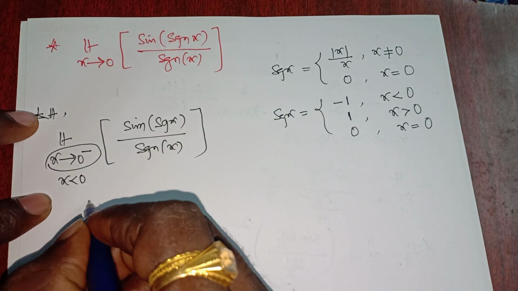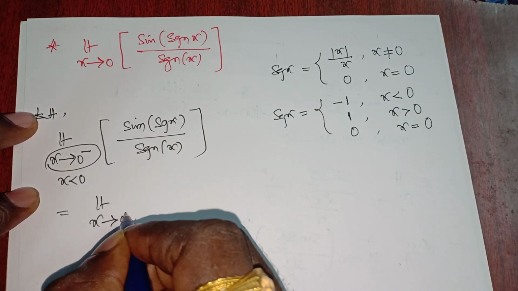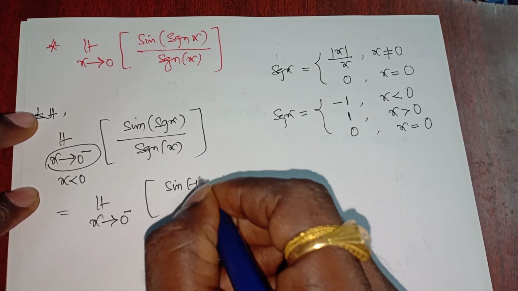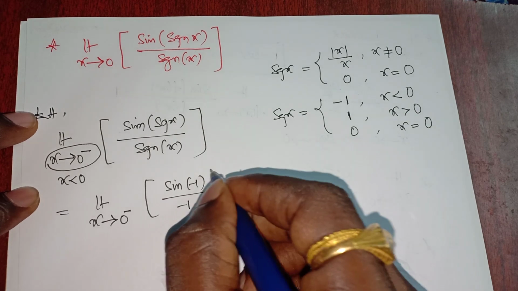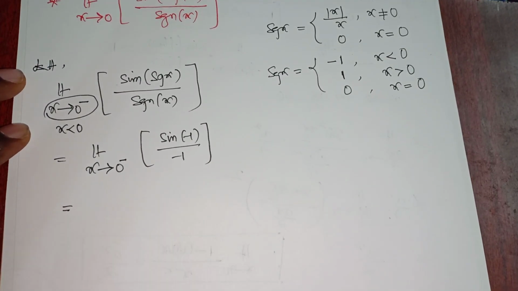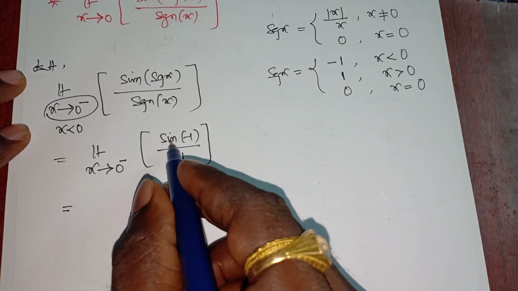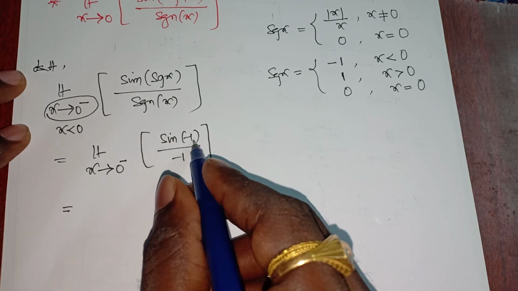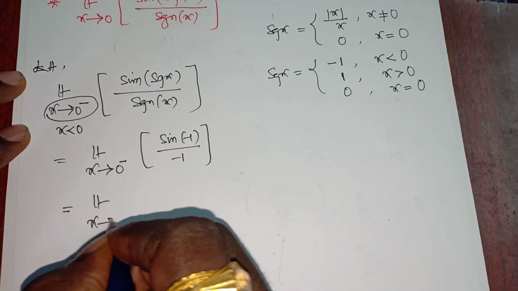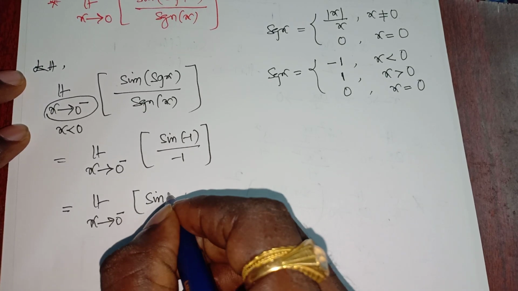Minus 1. So replace signum of x with minus 1: limit x tends to 0 minus, sine of minus 1 divided by minus 1. So sine of minus 1 is what? Minus sine 1 divided by minus 1, which is nothing but limit x tends to 0 minus, integral part of sine 1.